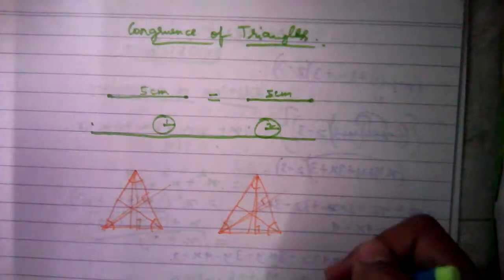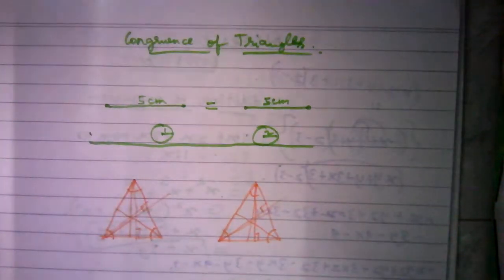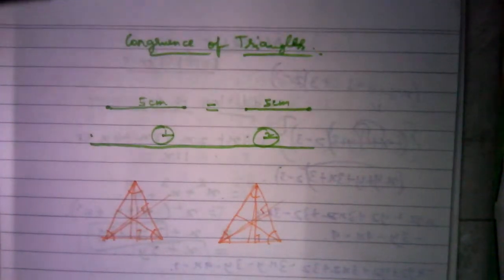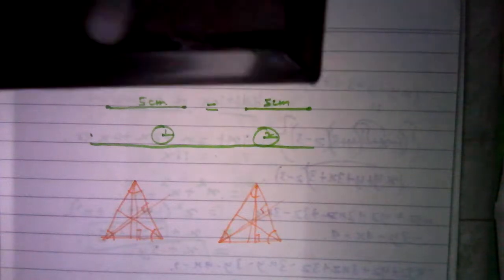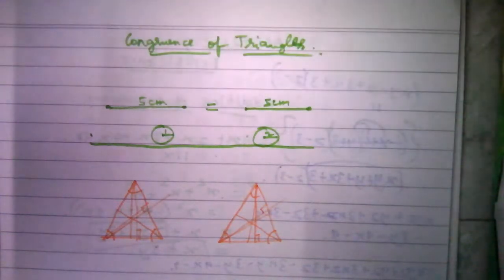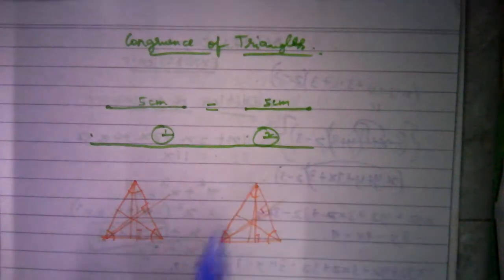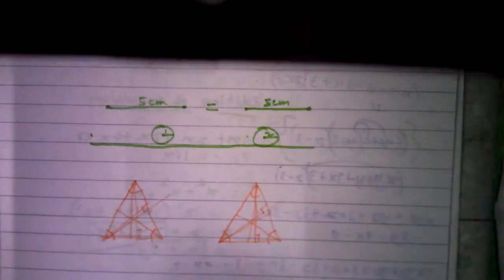But soon afterwards, mathematicians got the idea of simplifying the criteria for finding the congruence of triangles, and they split the congruence into 5 parts. It's 5 or 6, I'll tell you later.